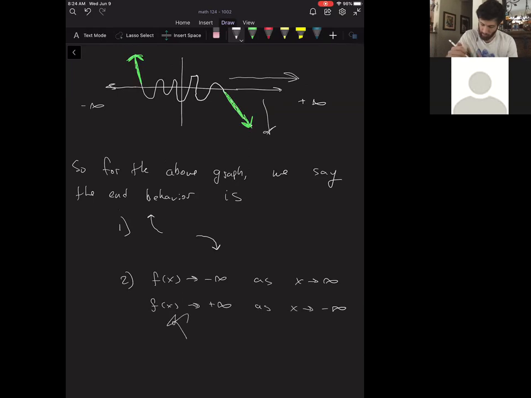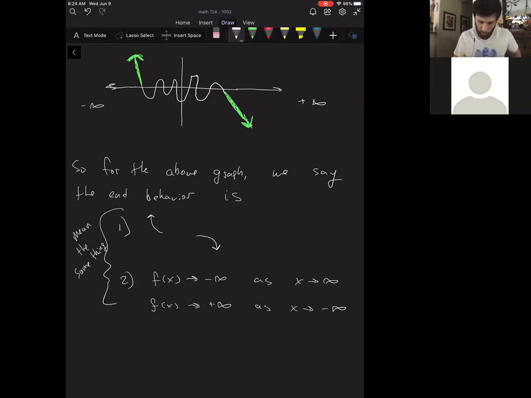And f of x goes up to positive infinity as x moves to minus infinity, so as we move to the left-hand side. Both of these ways mean the same thing.